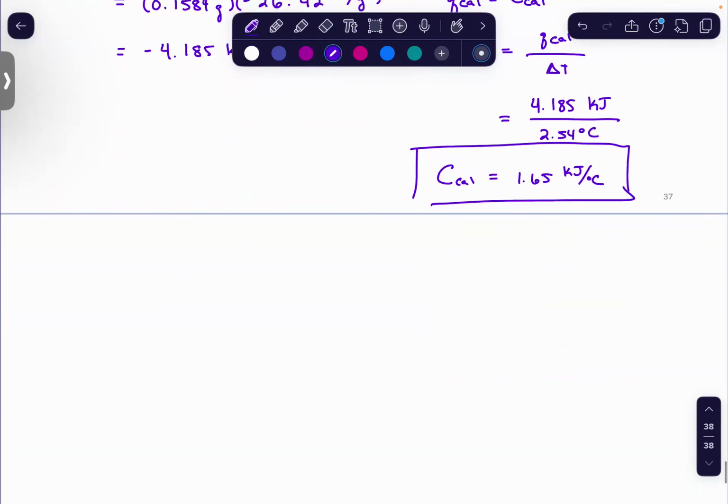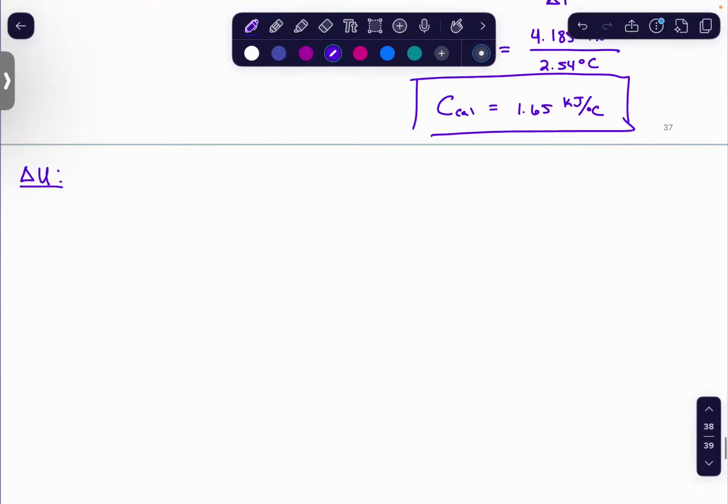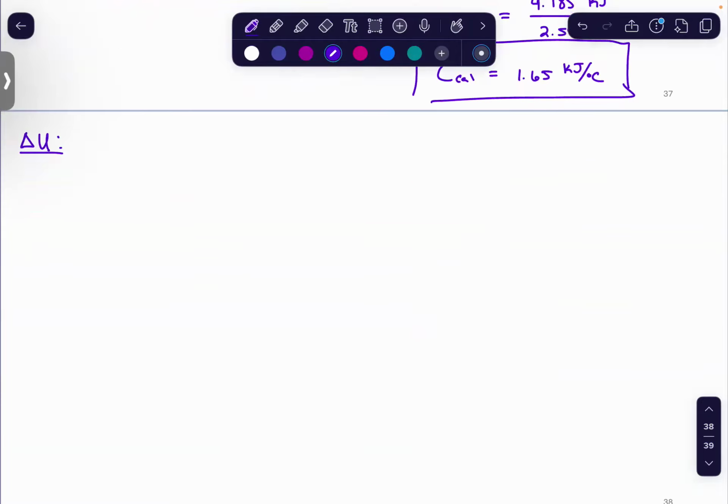Okay, so what are our various internal energies? Now we need to know the new heat energy that was put into our calorimeter.